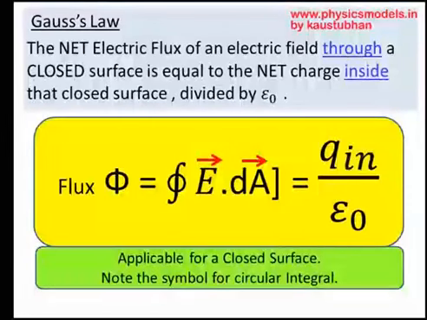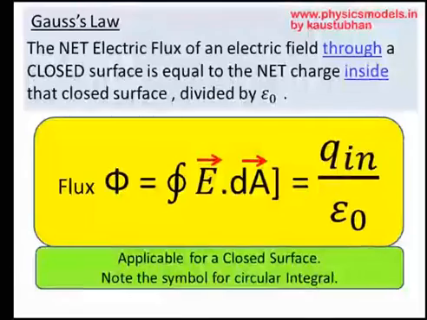So coming to Gauss's law, you can see the flux is E into dA, and Gauss's law just equates the flux with the charge inside the closed surface. In our example, it could be the charge inside the cylinder or the charge inside the rectangular block that you saw in those images.